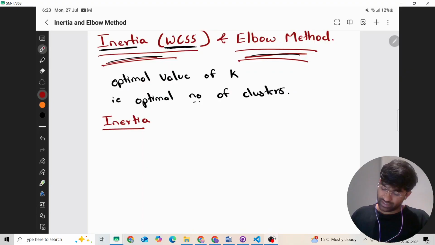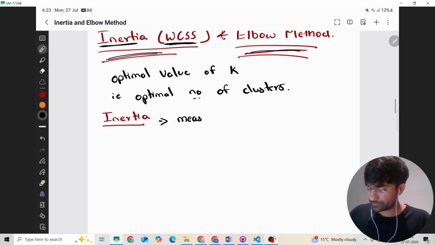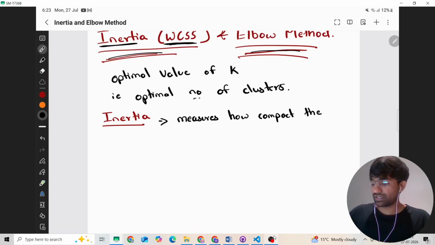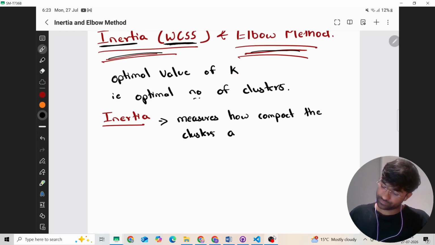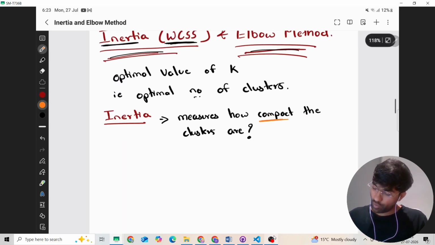Inertia measures how compact the clusters are. What is the meaning of compact here?